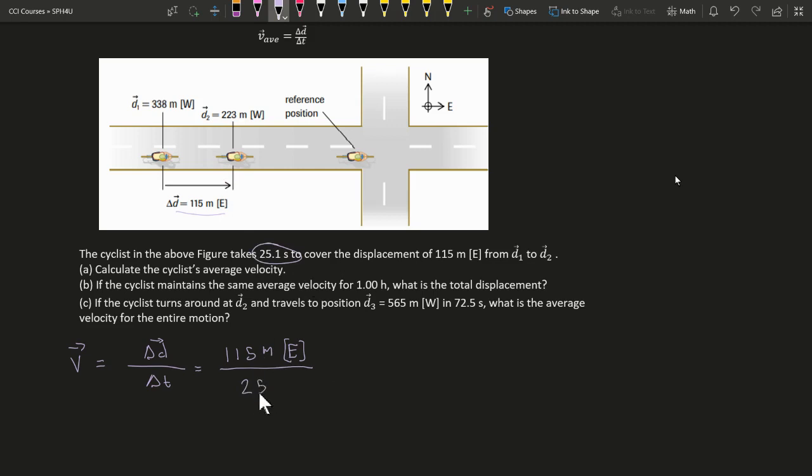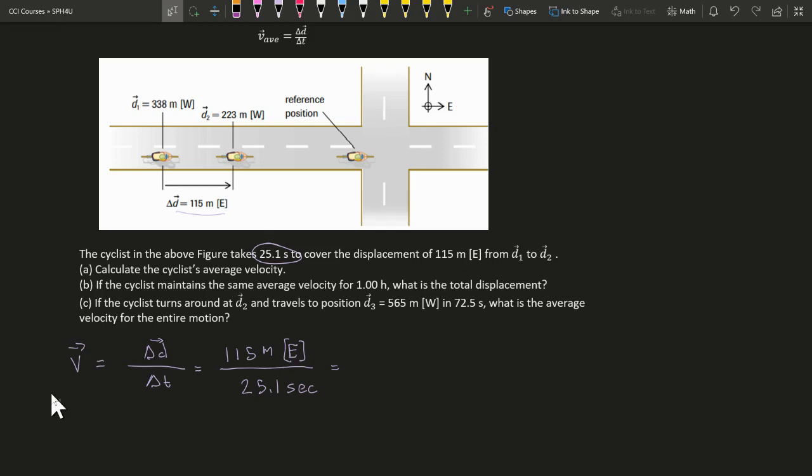25.1 seconds. Okay, and our units for this are going to be meters per second, and we're going to maintain a direction, remembering that velocity is a vector, since it's got a vector symbol there and it's defined as a vector.